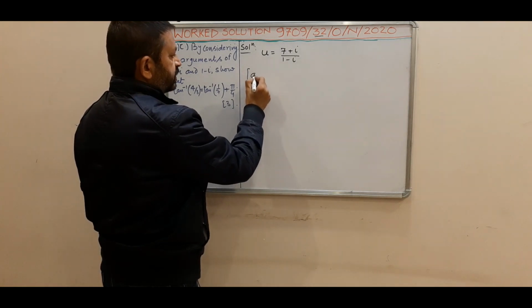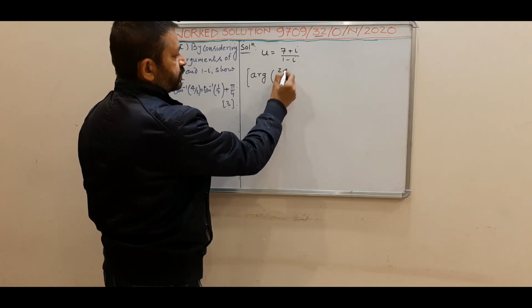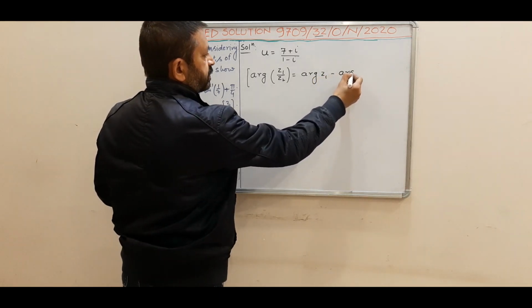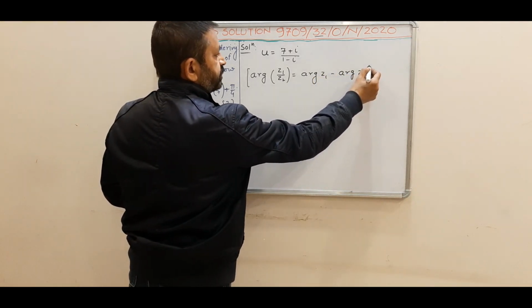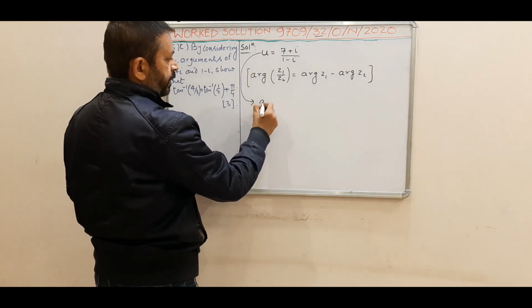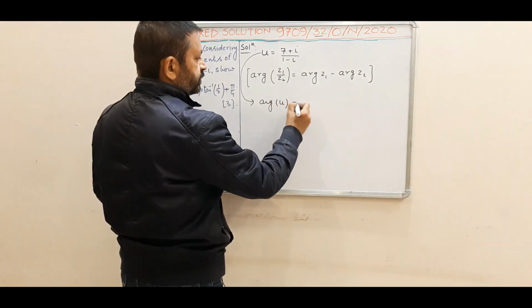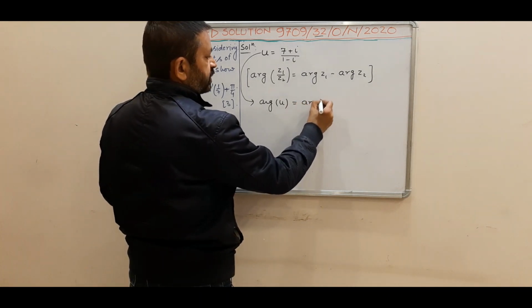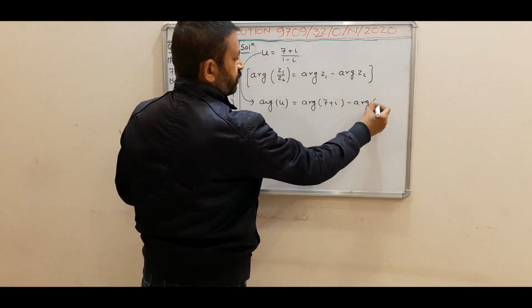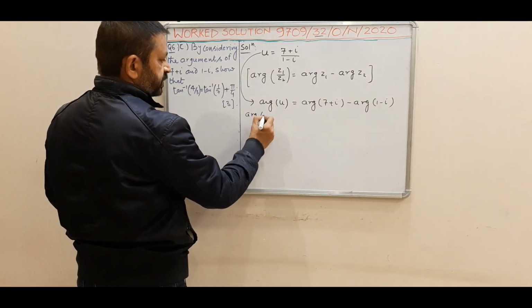So just recall one identity which says that the argument of Z1 upon Z2 is the argument of Z1 minus the argument of Z2. So the same will apply here. The argument of u equals the argument of 7 plus i minus the argument of 1 minus i. What is u? u is 3 plus 4i.